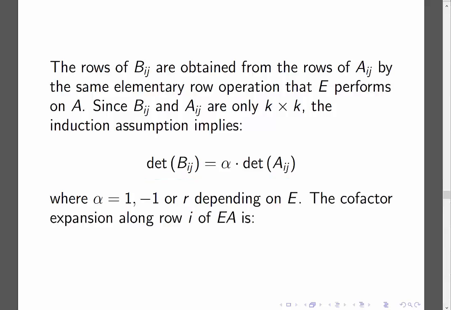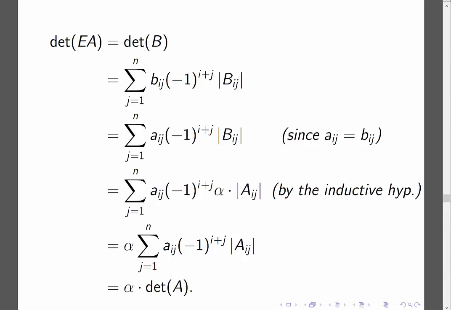All right, so the cofactor expansion along the ith row of E times A is given by this big set of equations. This looks a lot more complicated than it is. The determinant of E times A, well, E times A is equal to B, so that's the determinant of B. And we're going along the ith row of B, so j, the index, is going along the columns.